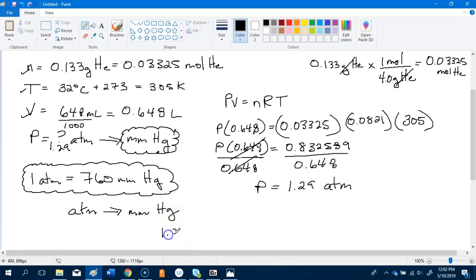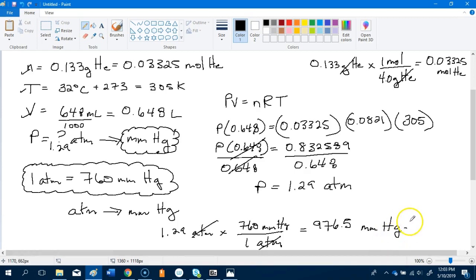So if I start out with 1.29 atmospheres, I'm going to multiply that by 760 millimeters of mercury over 1 atmosphere. That's my conversion factor. I knew to put atmospheres on the bottom so that I can cancel them out, and I knew to put millimeters of mercury on top because that's what I want to keep in my answer. So I go 1.29 times 760 equals 976.5 millimeters of mercury.